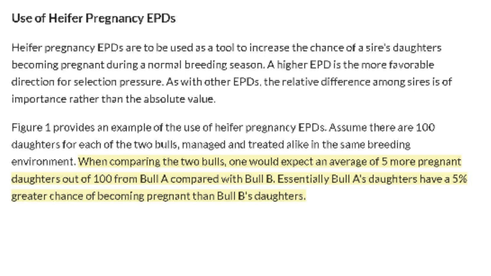And we'll show another little thing that we pulled here from the Angus Association, and I didn't put the figure up that comes with it, but it says when comparing two bulls, one would expect an average of 5 or more pregnant daughters out of 100 from bull A compared to bull B. So essentially, if we have two bulls that we're trying to choose from, and we're looking at the heifer pregnancy EPD, with a bull with an EPD of 15 you would expect his daughters to breed at a 5% higher rate than a bull with a heifer EPD of 10.